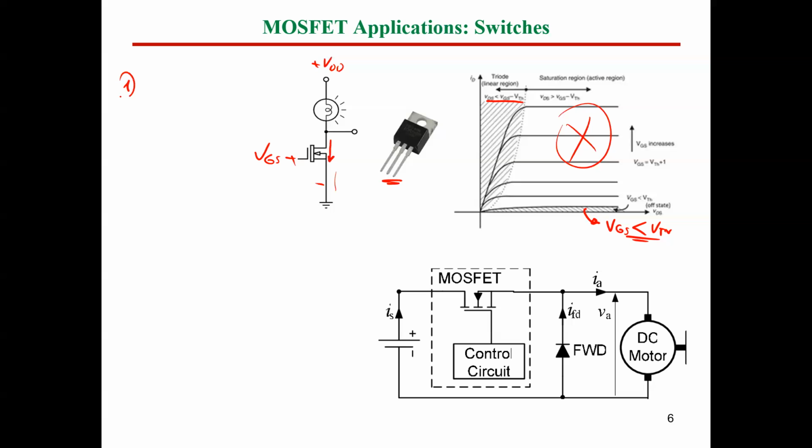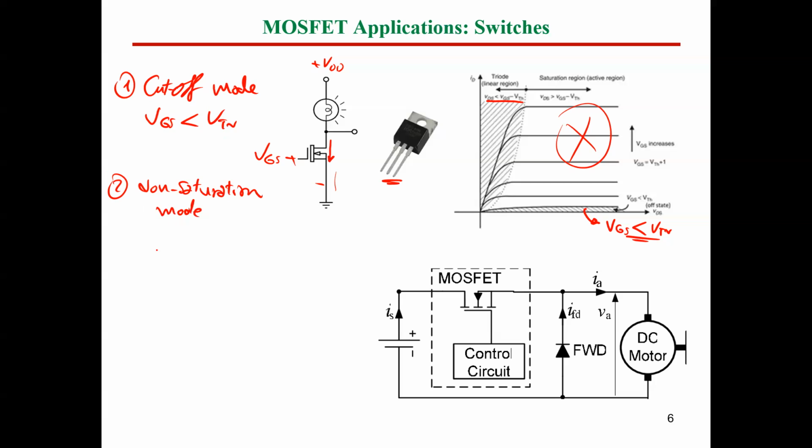So the first mode is called cut-off mode, and the condition of this mode is V gate to source is less than V threshold. The second mode is the non-saturation mode.